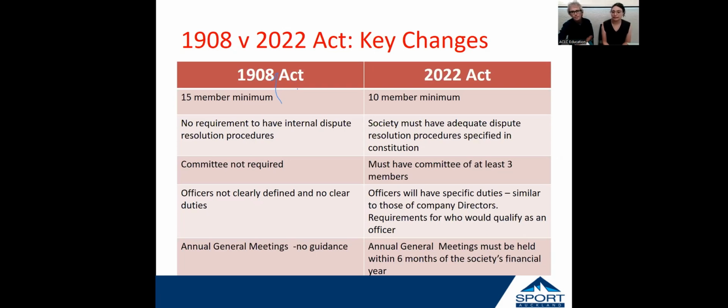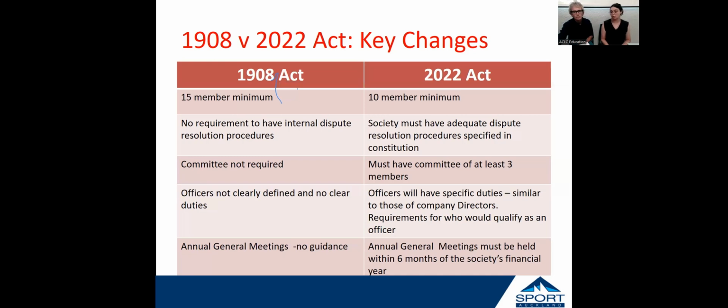Yeah, and another few things: you will be required to have committees of at least 3 members going forward. And I think one of the other really key changes is officers are going to have clearly defined duties, unlike previously where it was quite loose, I would say. There were no clear duties, no clear guidance.